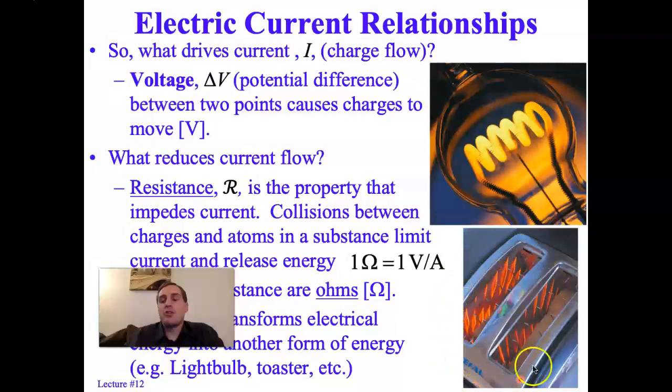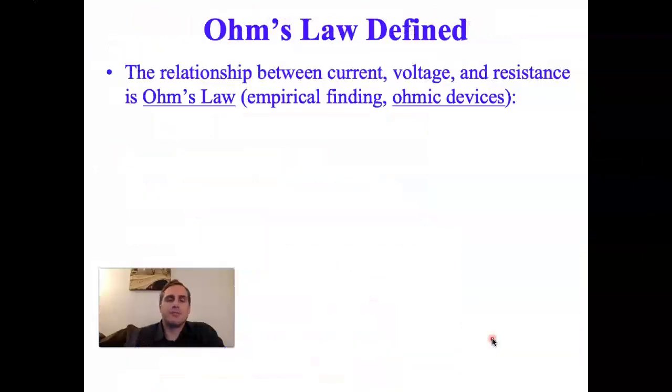By the way, heat energy usually takes a lot more energy than light energy. Usually a toaster is going to be maybe 1,000 or 1,500 watts. So that might be like 10 or 15 light bulbs. So you typically use a lot of energy when you use heat from electricity.